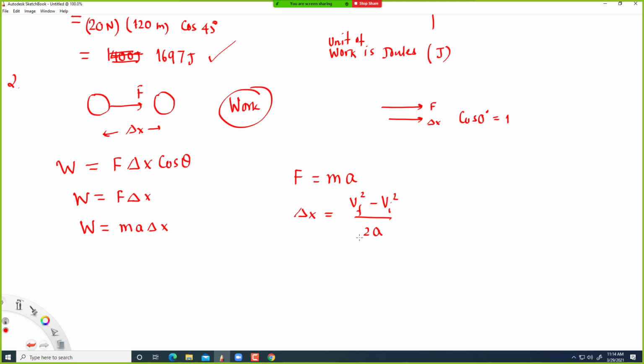This equation is from the kinematics that we talked about in the very beginning. So W equals m a times (v final squared minus v initial squared) over 2a. We have a in the numerator and a in the denominator, so we can cancel those, and then we have one half m (v final squared minus v initial squared).